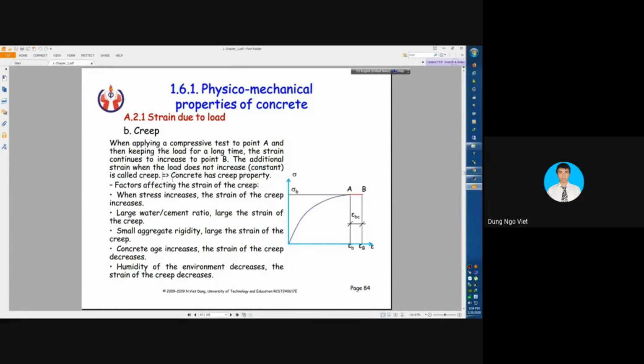We call this phenomenon, when the stress is constant but the strain continues to increase, creep. So the concrete has the creep property.